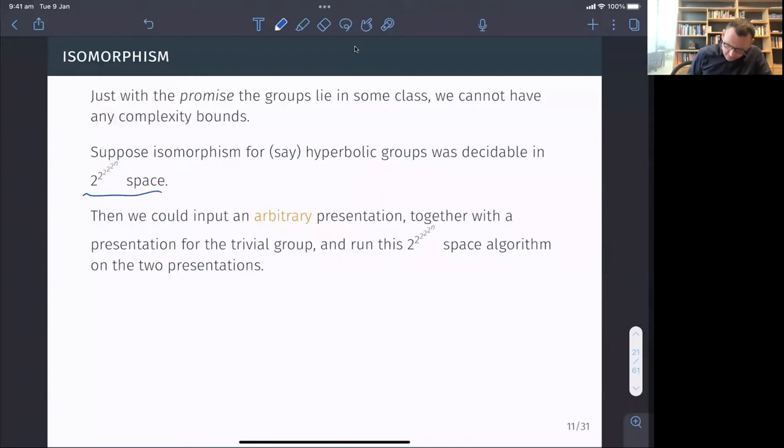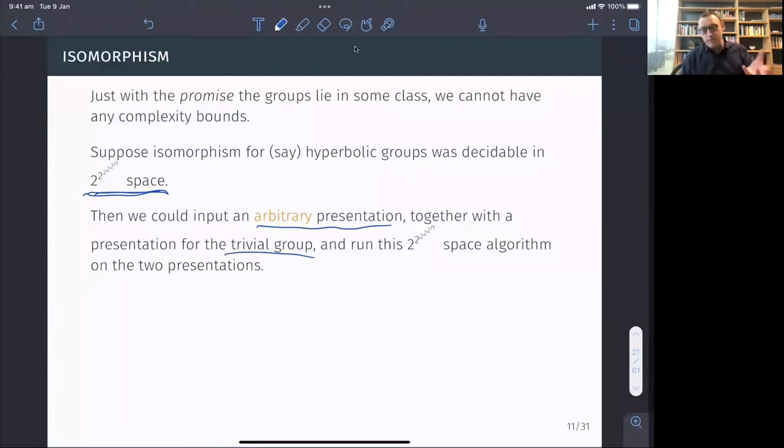Well, if we had this alleged algorithm that ran in this alleged space bound, then we could input an arbitrary presentation, not necessarily a hyperbolic group presentation, together with a presentation for the trivial group into this isomorphism algorithm.